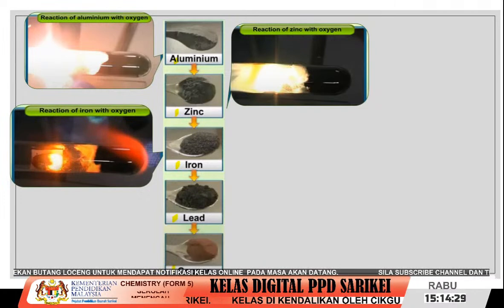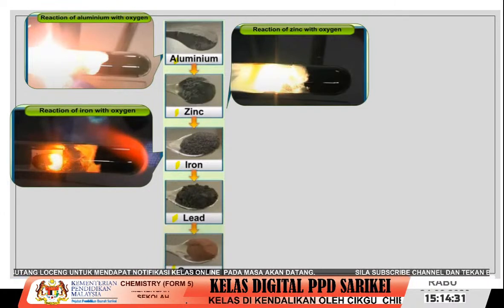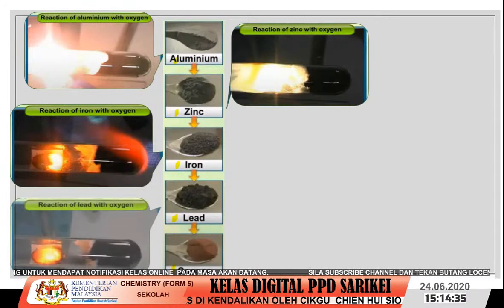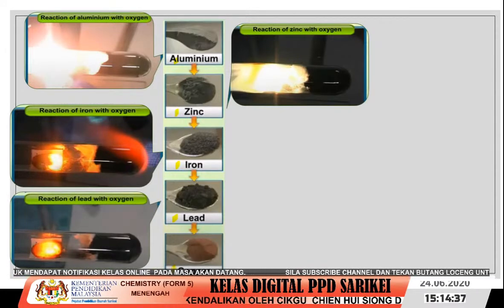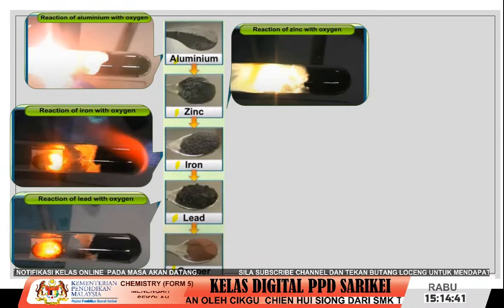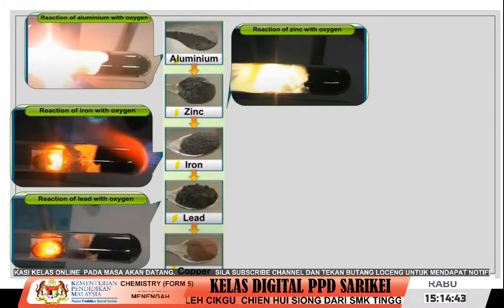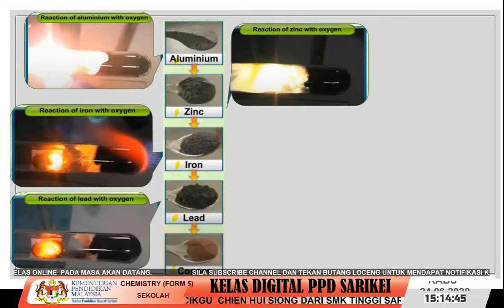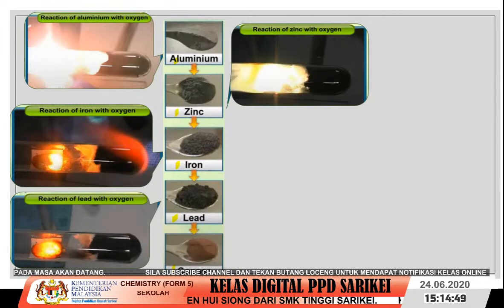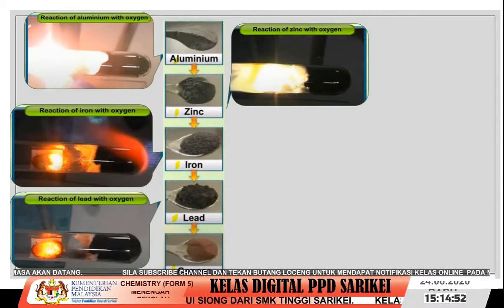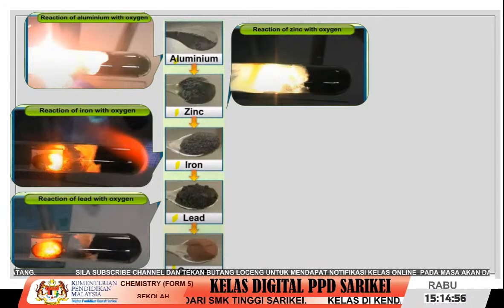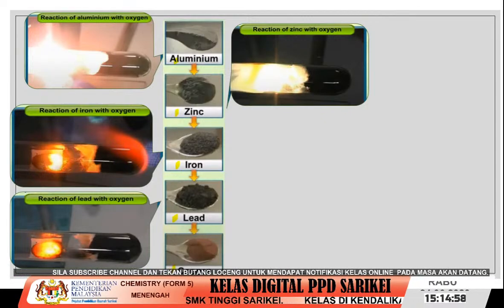How about iron? Iron glows very brightly with oxygen. Lead also glows brightly, but when compared with iron, you can see the glow of lead in oxygen is slightly dimmer compared to iron. So lead is slightly less reactive compared to iron.